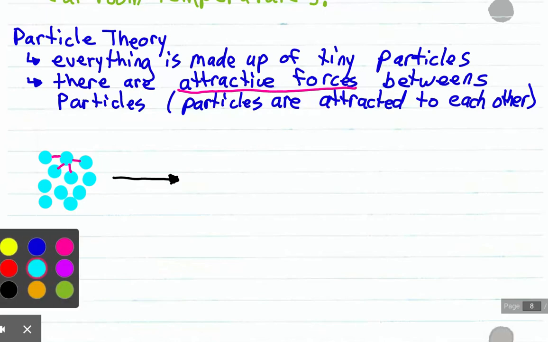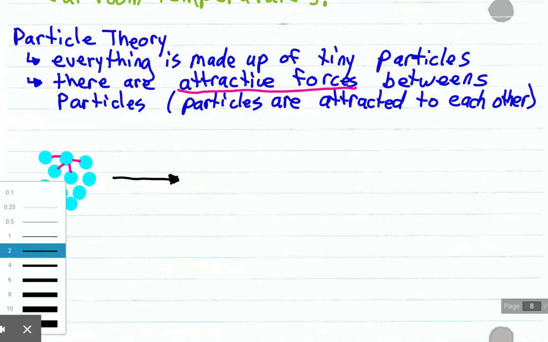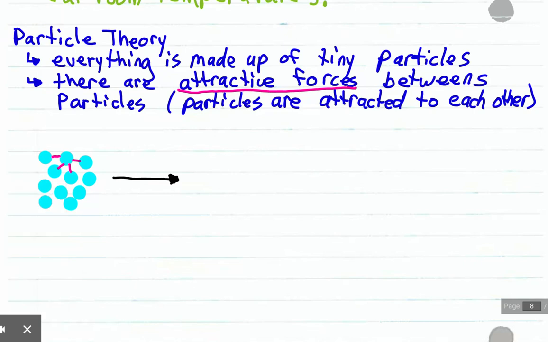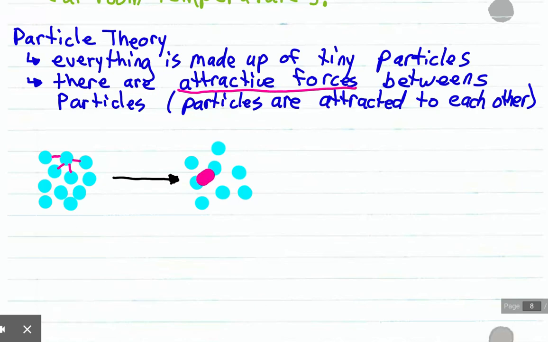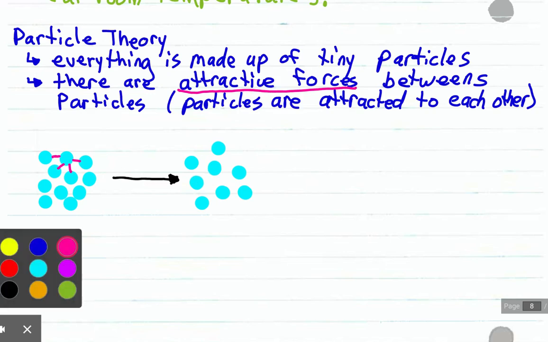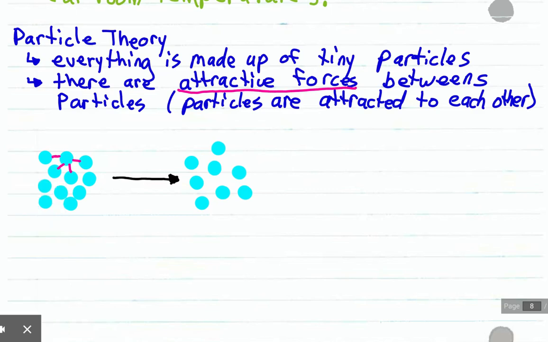Now, there's lots of different reasons why the attractive forces would be weaker, and we'll talk about those in a minute, but the particles will get further apart because the attractive forces are not as strong.